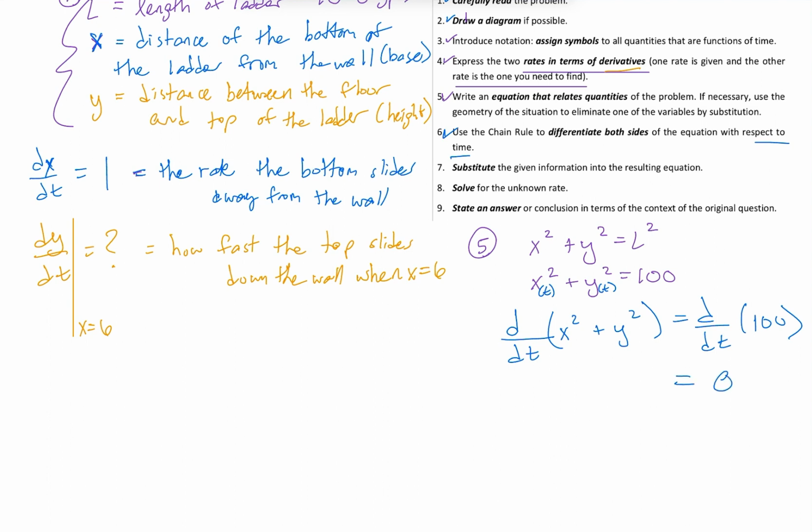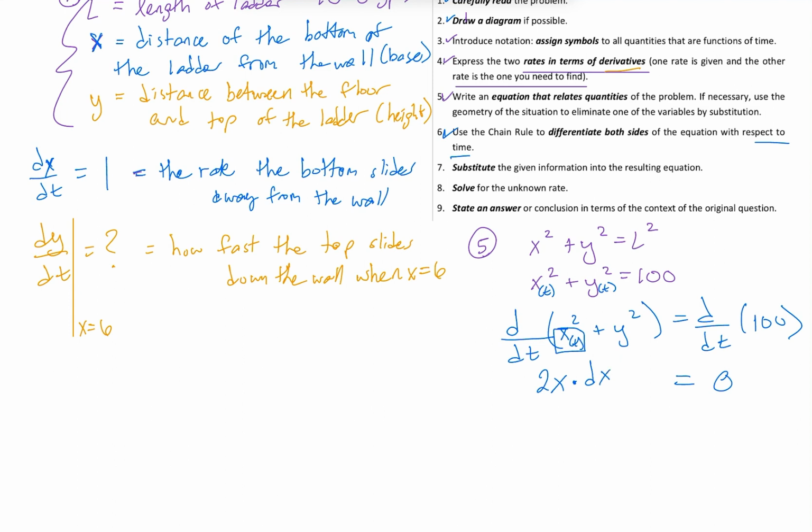And then I need to take the derivative of x squared. So x is a function of t. So I think chain rule. Okay, so my x is kind of my inside function. So I take the derivative of the outside function, which is my inside function squared. So it's 2x times the derivative of the inside function.